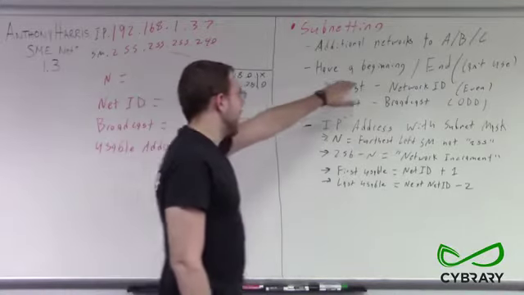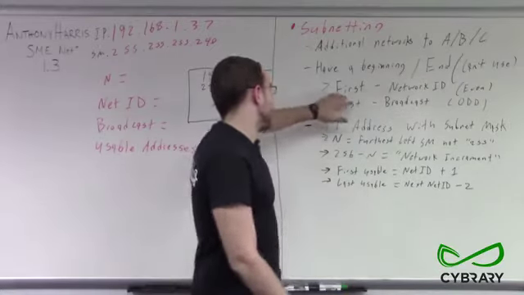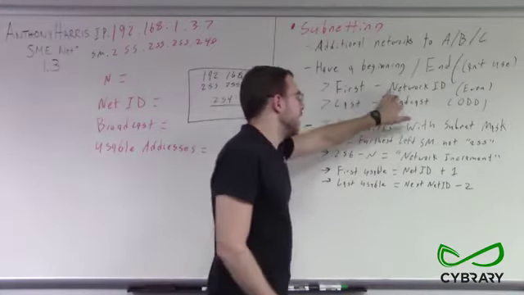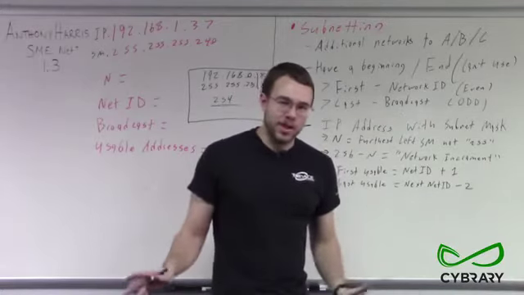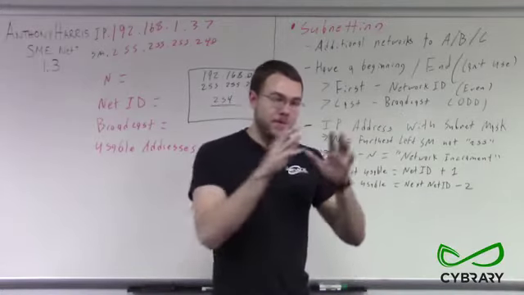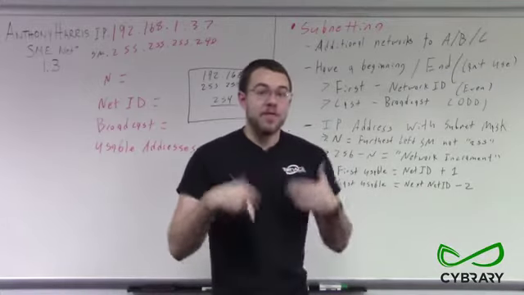All of our subnets have to have a beginning and an end number that we can't use. The first number is our network ID. It's the ID that identifies our network. A computer cannot be assigned the IP address of the network ID.